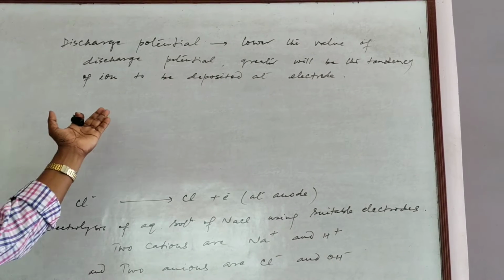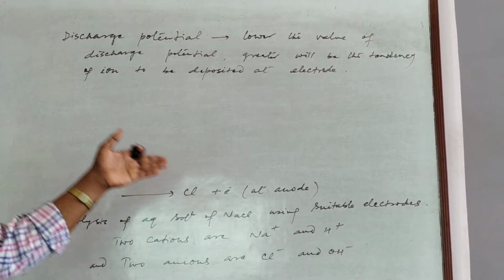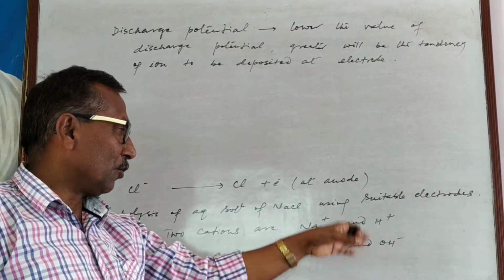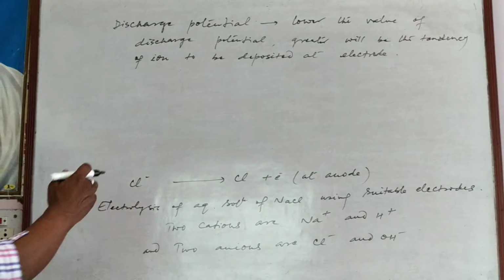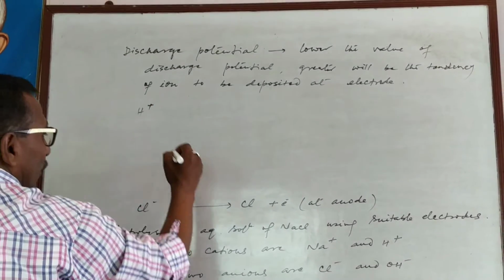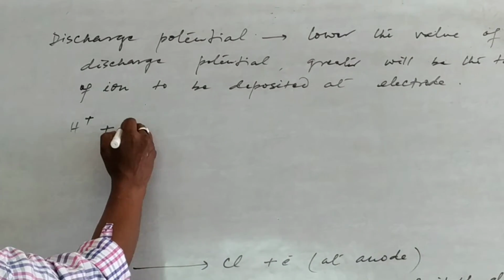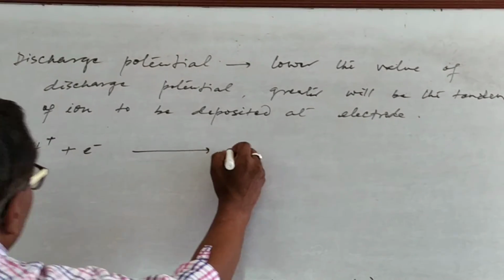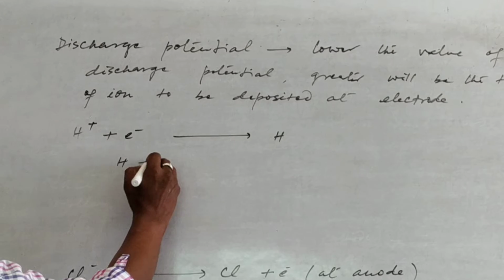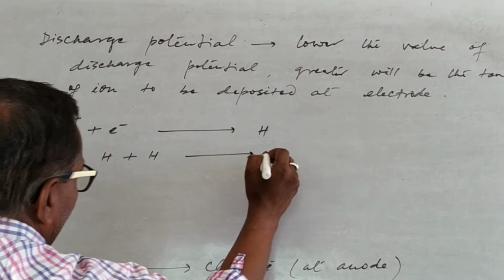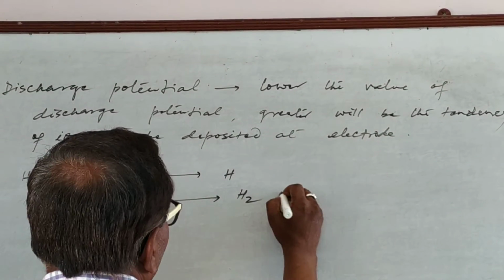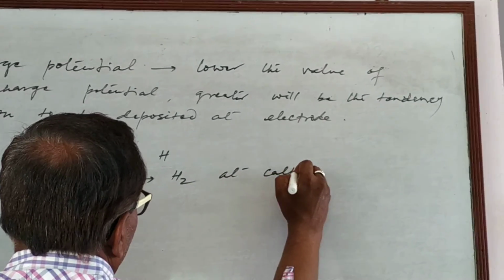So here H+, because of its lower discharge potential, is collected at the cathode, and H combines with another H atom to form a stable hydrogen molecule at the cathode.